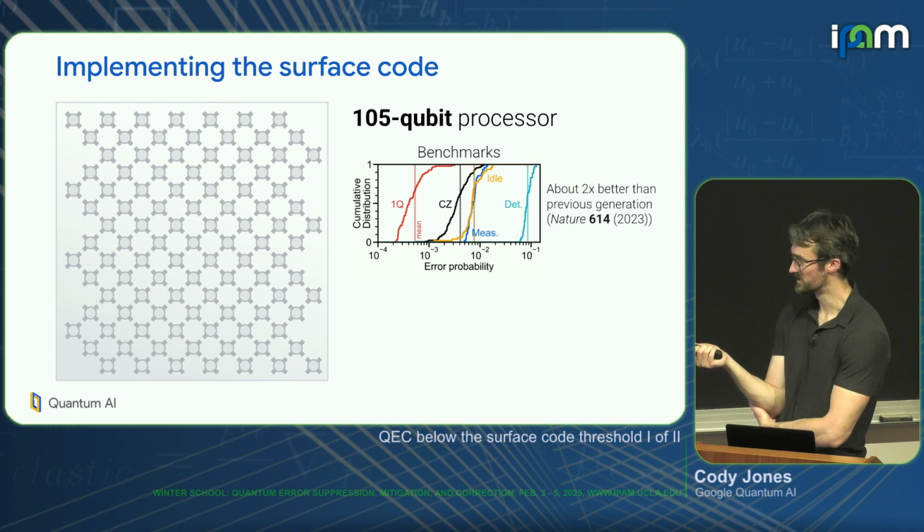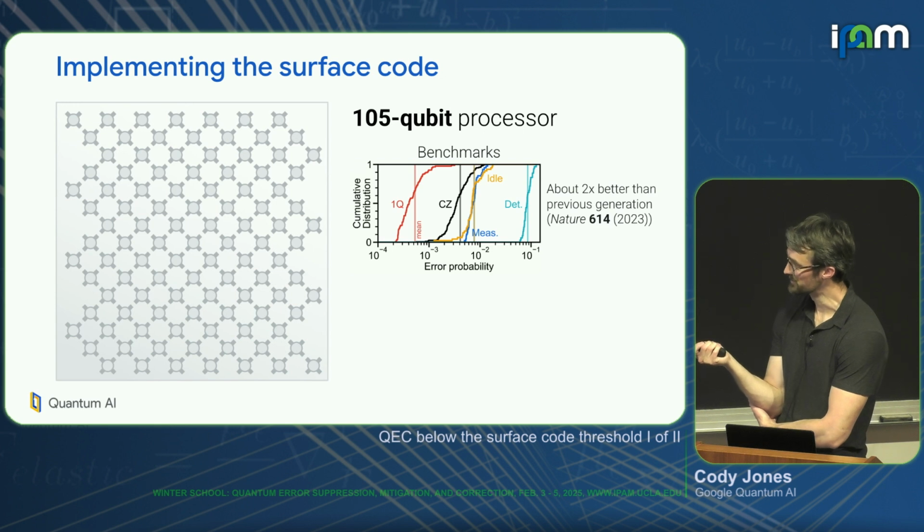The way to read this diagram is the x-axis is error probability for some given operation, and the y-axis is cumulative probability. So these are cumulative distributions. For example, the very best single qubit gate is down here, the very worst is up here, and everything in between is their sorted values. At the midpoint, that is the median value of an error rate for that particular gate.